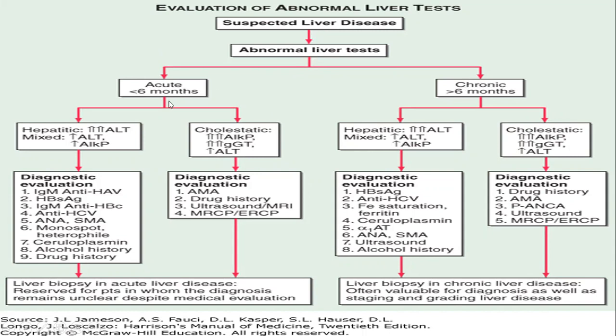For acute conditions, if there is a hepatic pattern, I've mentioned already that there are higher levels of ALT and AST compared to ALP. When there is a cholestatic pattern, there is higher ALP and GGT, where ALP is alkaline phosphatase and GGT is gamma glutamyl transferase. Higher levels of these two compared to your ALT levels.